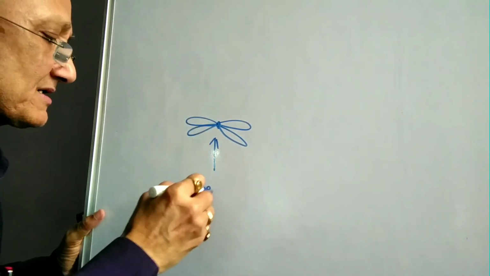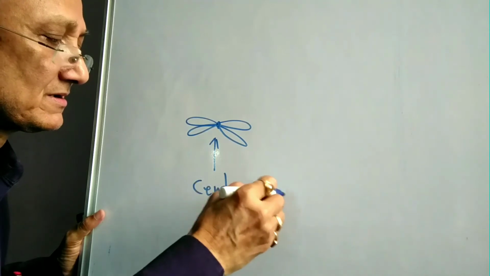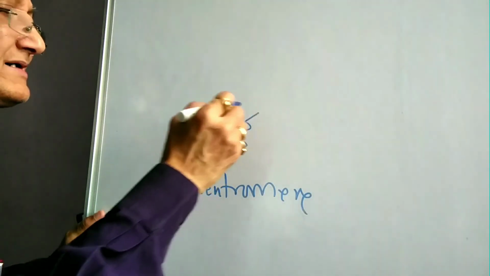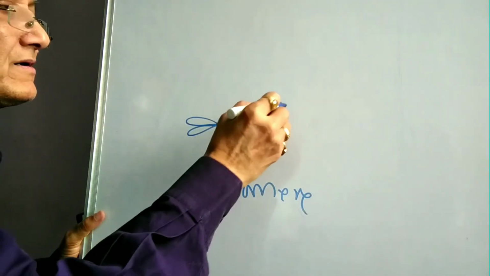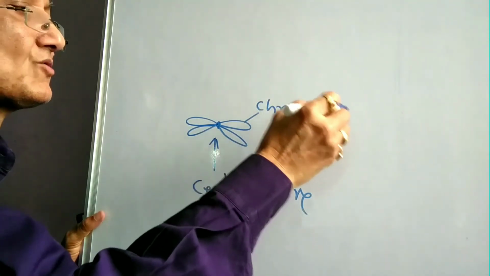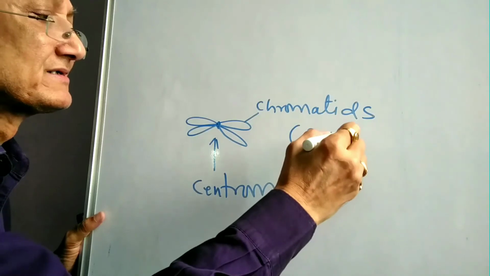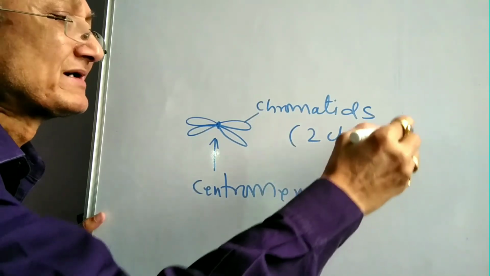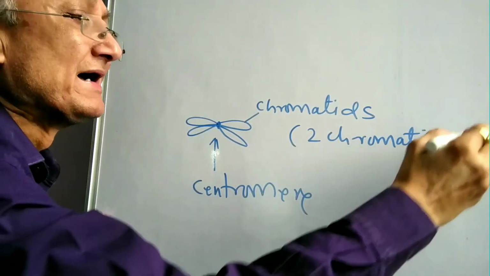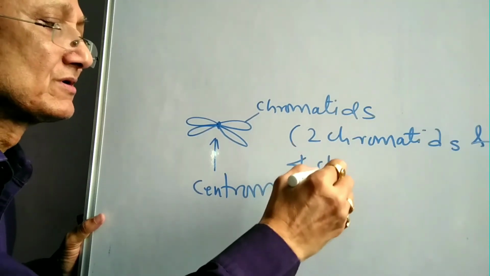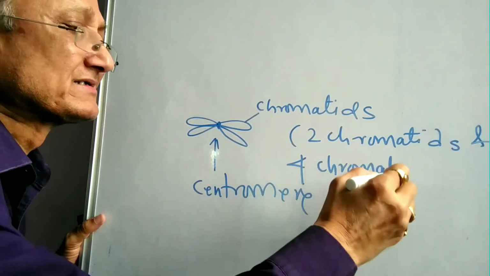So this is the centromere and the chromatin 1, chromatid, तो कितने होंगे? 2 chromatids, 2 chromatids and 4 chromatins.